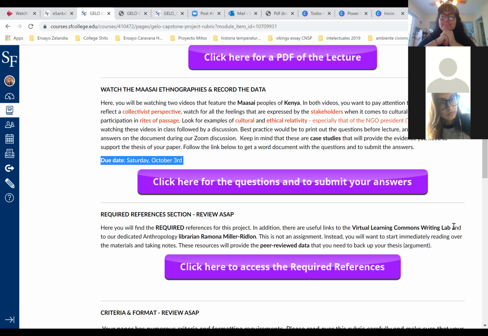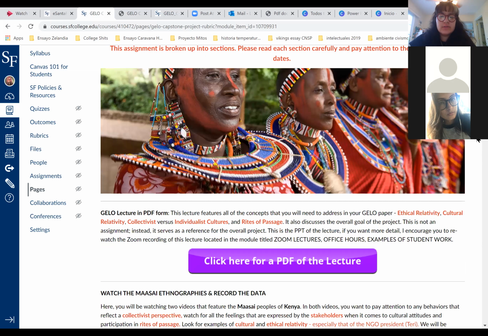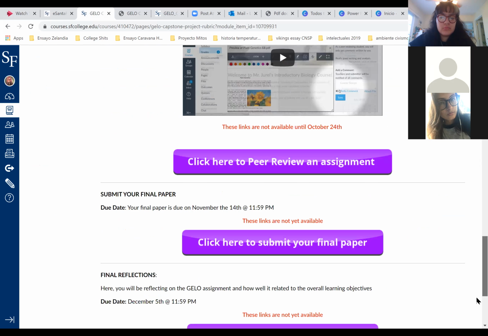And also, if you read the formatting rubric, it kind of gives a rundown of what you need to include in your essay. Okay. Thank you very much. Is it in the modules? No, it's right there, right at the bottom of your screen.